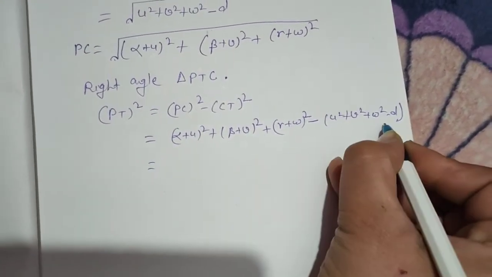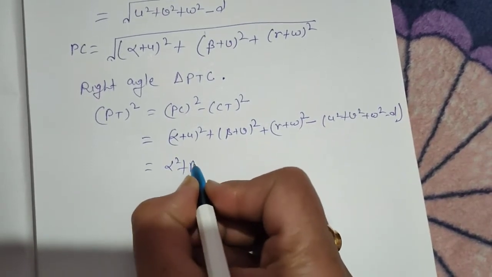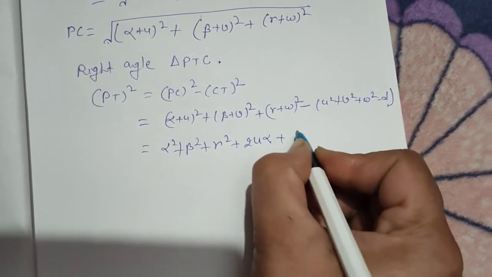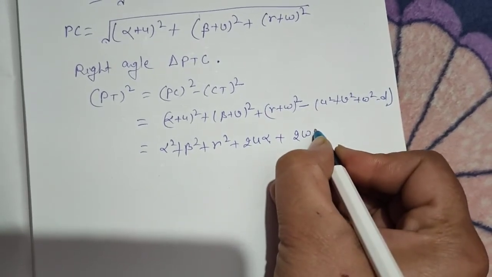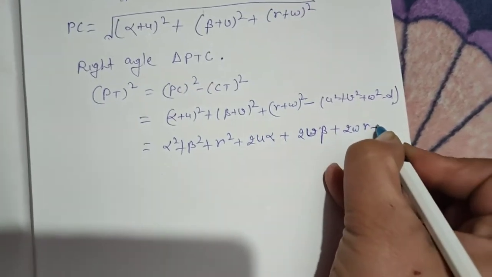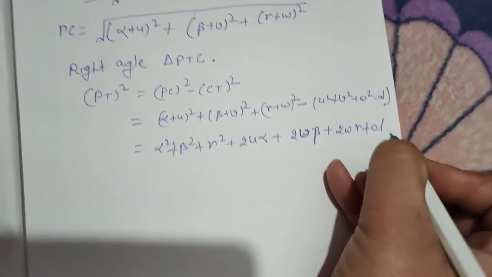We solve this equation and find alpha square plus beta square plus gamma square plus 2u alpha plus 2v beta plus 2w gamma plus d.